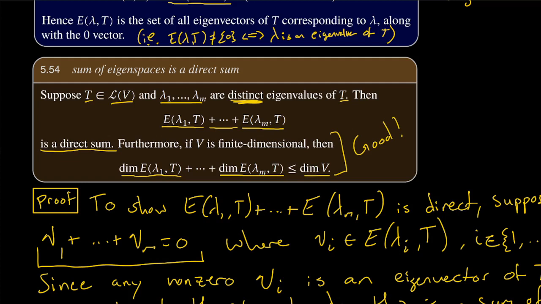We don't yet have the ability to say something like the sum of all of these eigenspaces is itself V, but it is at least some proper little chunk of V, and that's kind of good. So let's go a little bit further and let's see what else we can do with this particularly nice kind of form that a matrix can have.